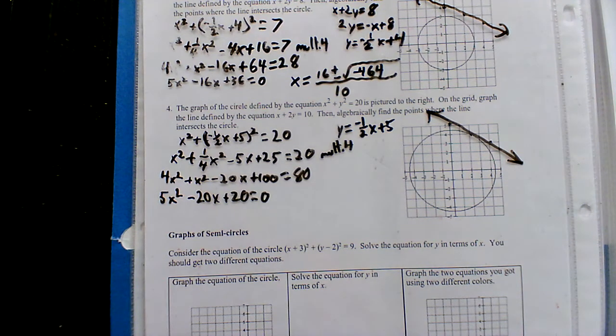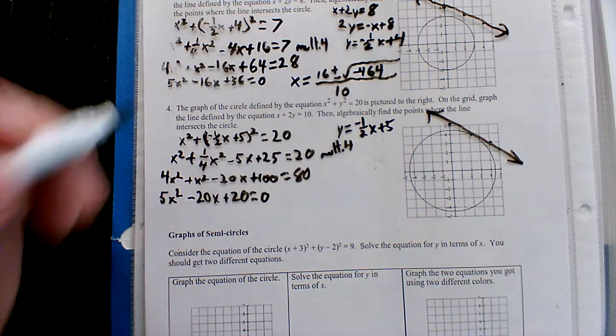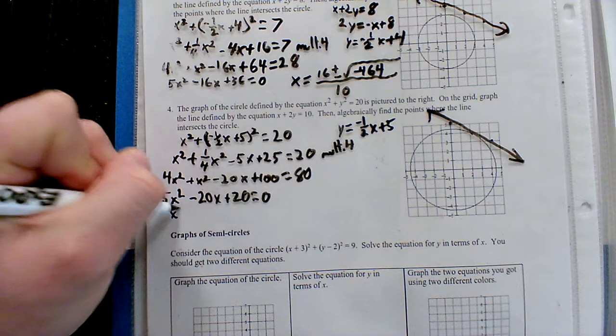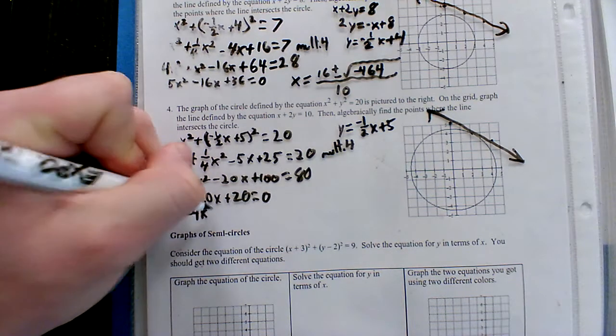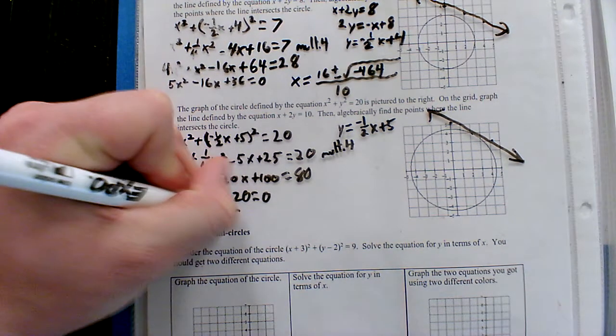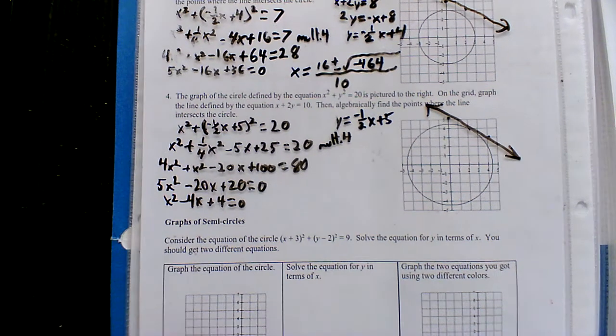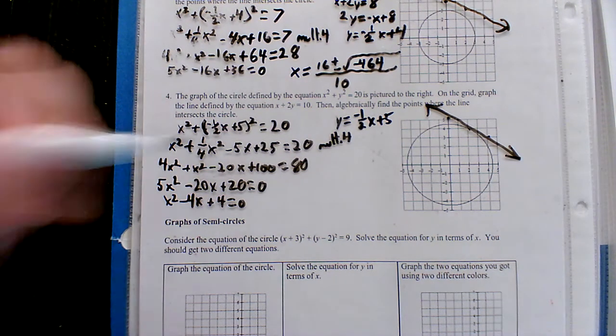What can I do before I try to factor or before I do the quadratic formula? Simplify. I can do what, Addison? Pull out a 5. Now it'll be easier to determine whether it factors or if I have to use the quadratic formula.